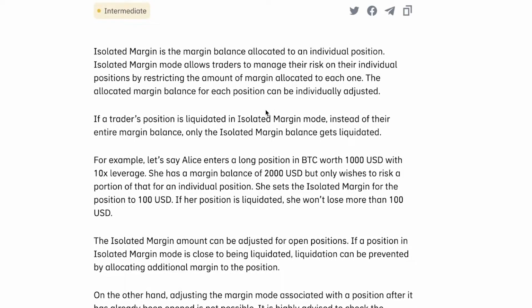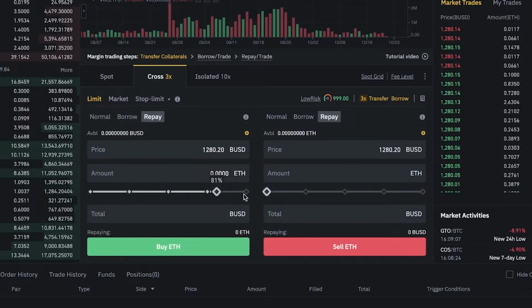Now, if you take a look at isolated margin, it is the margin balance that you get for an individual position. So this will be the amount borrowed for that specific trade, on one specific trade and individual position instead of across all of your positions.